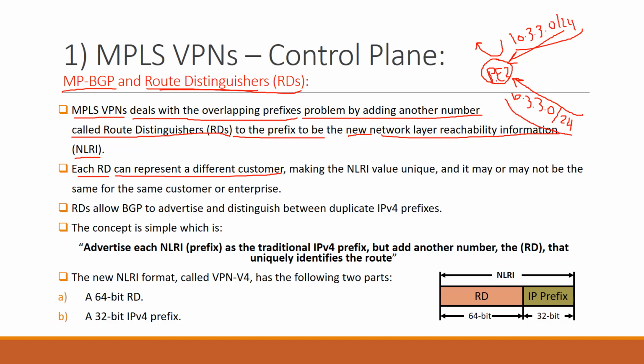Of course, the route distinguisher used for VRF1 shouldn't be the same as the route distinguisher used for customer 2 or enterprise 2, or VRF2, because if we use the same, which will not be allowed in the IOS, it doesn't make any sense.